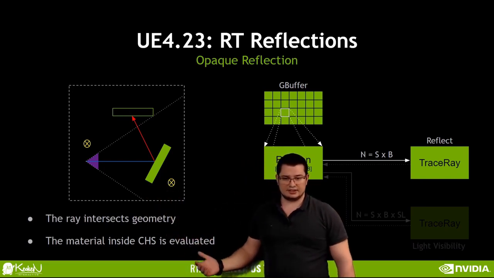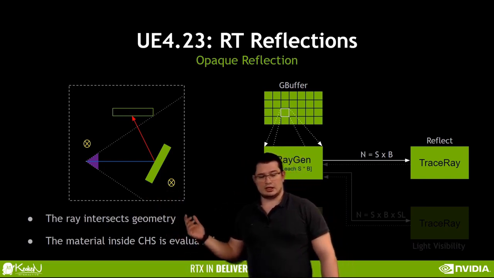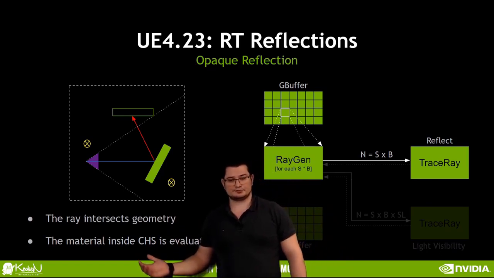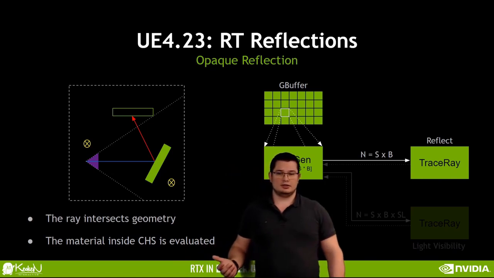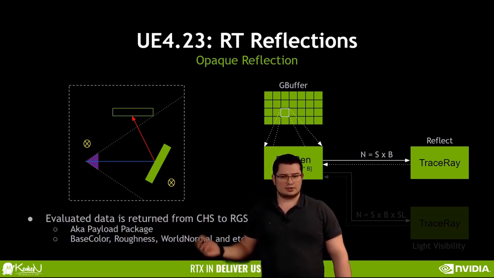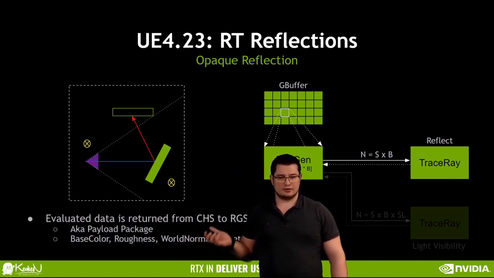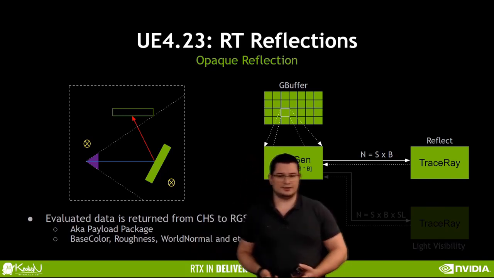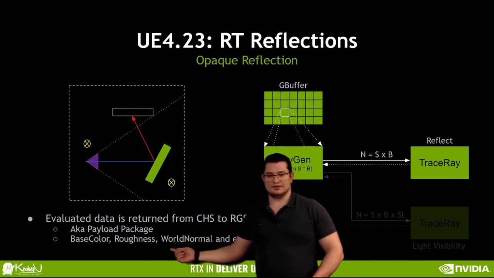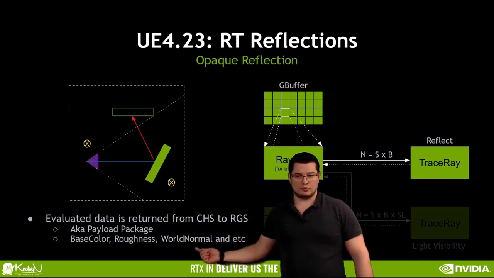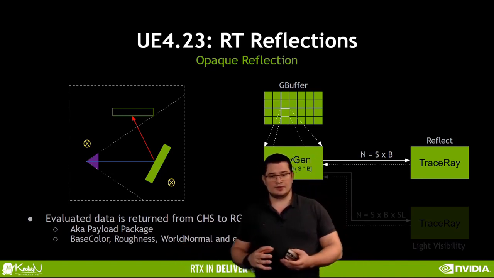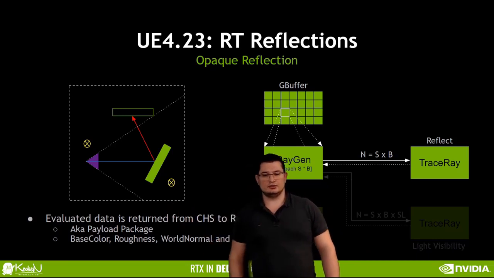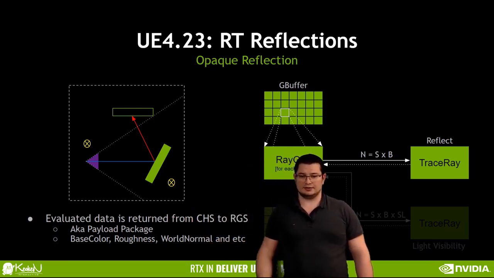When the ray is intersected, a closest hit shader is loaded and evaluated. When the closest hit shader is evaluated for your material, its output data, such as base color, roughness, or for example, world normal, is stored and packaged into the payload package and transferred back to the RayGen shader.